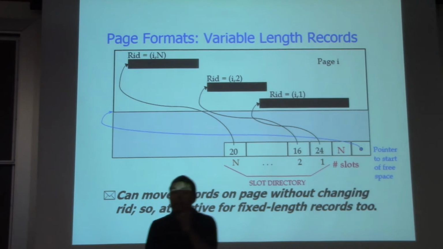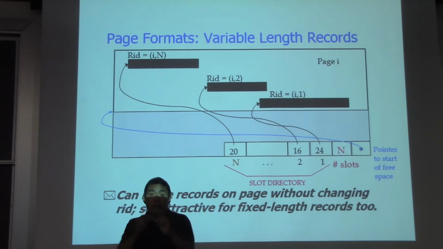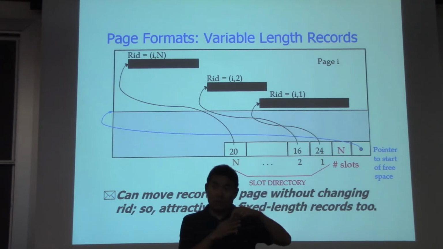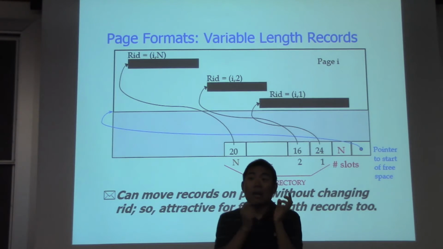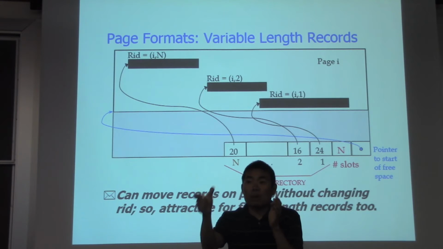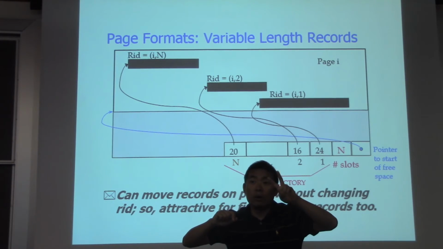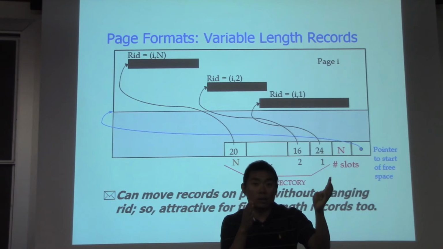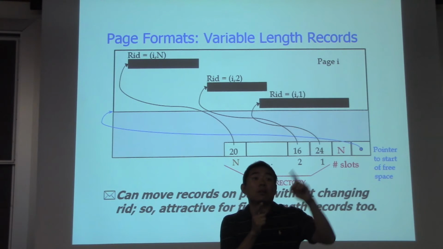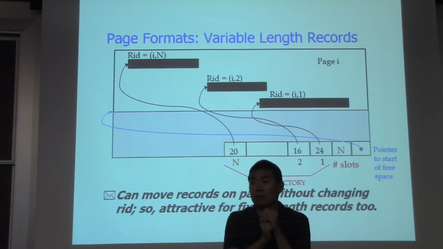It has two things: the length of the corresponding record and the offset value of the corresponding record. In other words, each slot entry corresponds to a record in your record space, and has two components. One is the length of that record. The other is the offset to the starting address of that record.